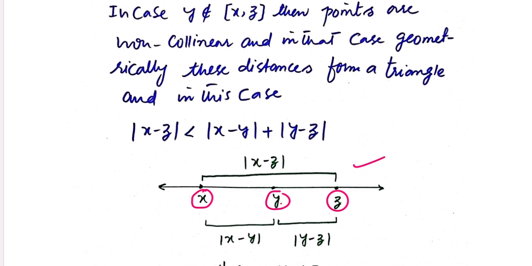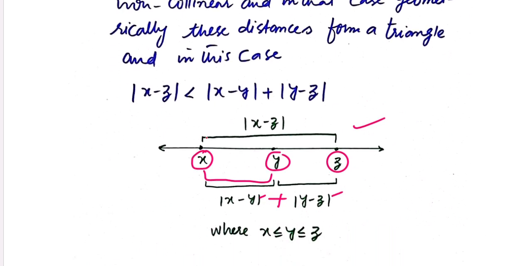If x, y, z lie on the same straight line, and y is inside x and z, then clearly the distance between the first two, that is absolute of x minus y, and the distance between y and z, that is absolute of y minus z, their sum is simply equal to the distance between the first and the last, that is absolute of x minus z. So this equality holds when x, y, z are collinear and y lies inside x and z.